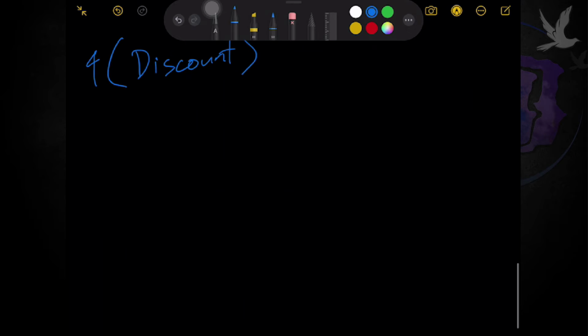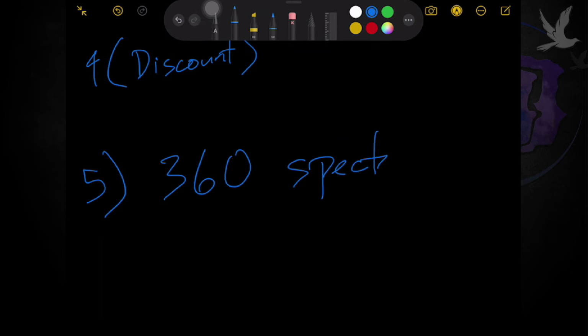Okay, so number 5 pala, there are 360 spectators. Spectators, ibig sabihin yung mga manonood nung nanonood ng whatever that game is. And 108 of them start to leave.